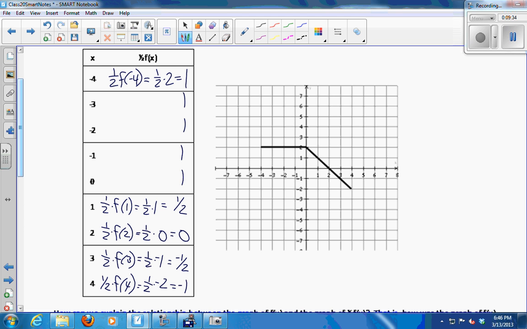So I plot each of those. I've got -4, 1. All of these are 1s. And then 1/2, 2, 0. 3, -1/2. Oops. 3, -1/2. And 4, -1.